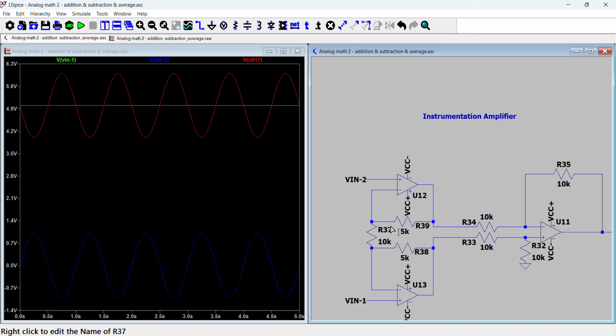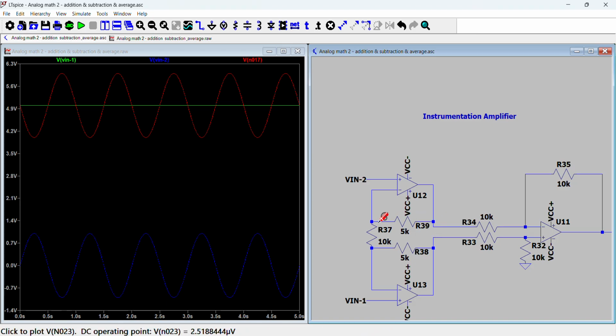And the reason why this amplifies the difference is that you can imagine the current flowing through this node, right? The current flowing through this node is just the difference between the output voltages divided by these three resistors, so 5K plus 10K plus 5K. And the difference across this resistor is the difference between the two input voltages divided by this resistor. So that's the current through this resistor.